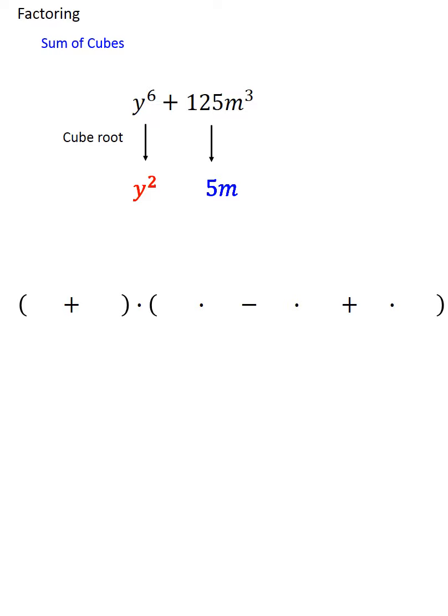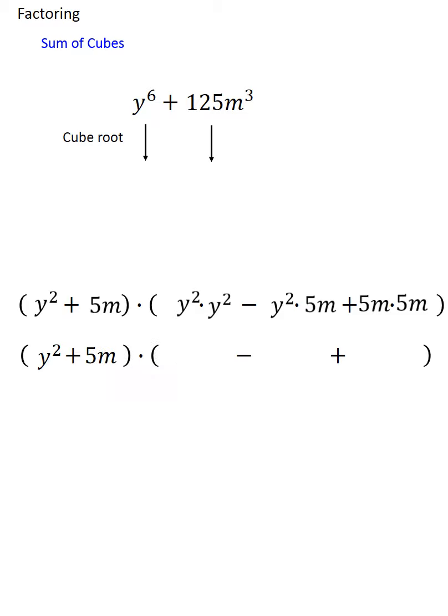Well, now that I have my cube roots, I just have to put them into the 8 slots in this formula. There's where the first cube root goes in those 4 slots, and here's where the second cube root goes in those 4 slots. And once you've done that, it's just a matter of leaving the first factor alone and simplifying the second, which isn't too much work. Just do the multiplications. Y squared times y squared, there's that.